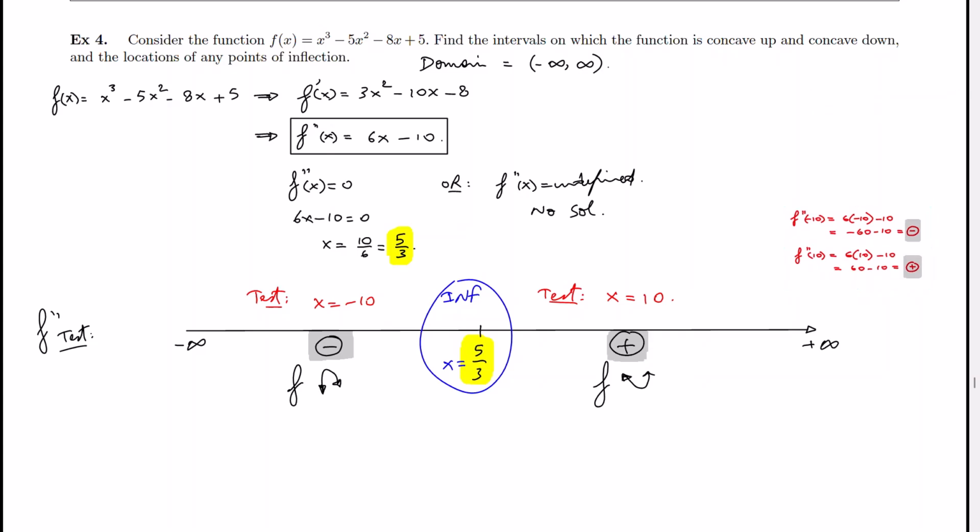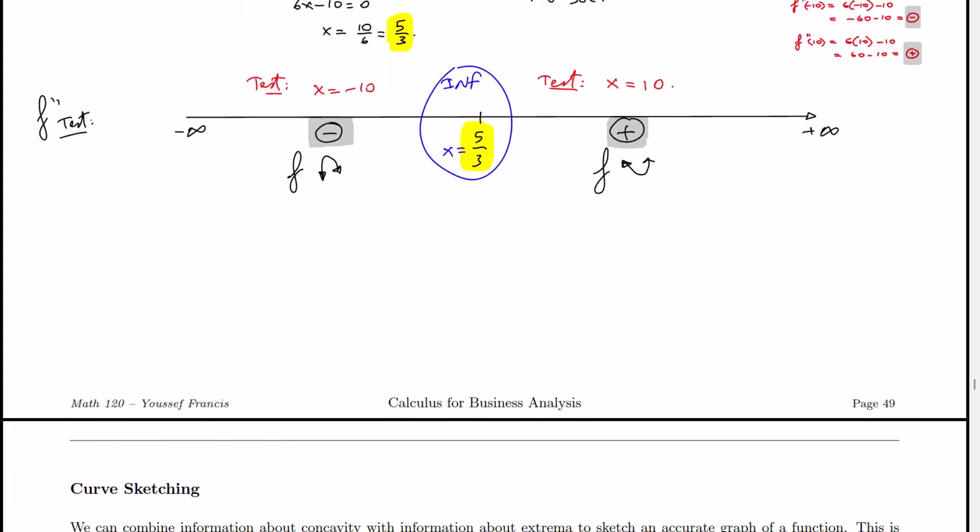But the last thing I need to do is record everything in words, and that will be the end of the problem. So I'm going to say that f of x is concave up on the interval from 5/3 all the way to infinity, and we always use parentheses for all this.